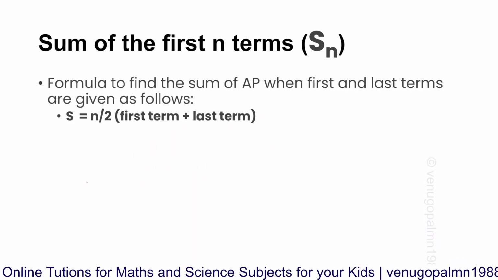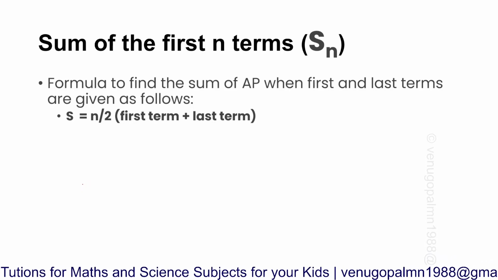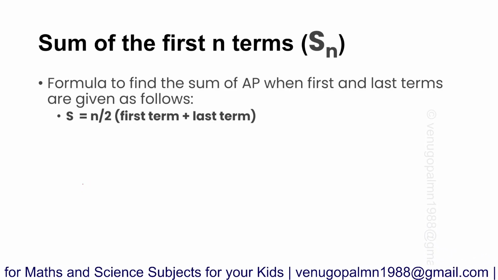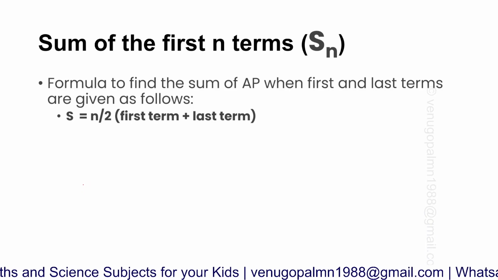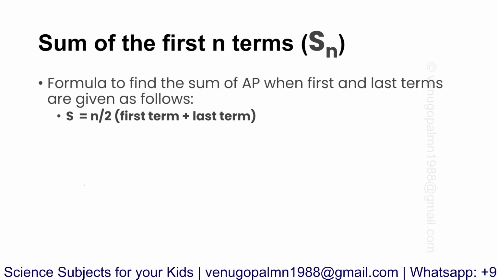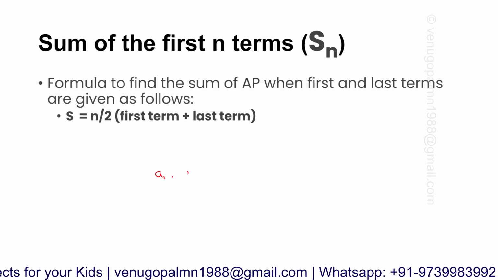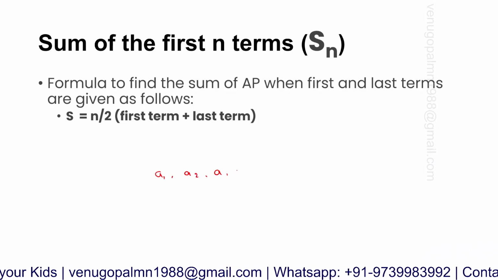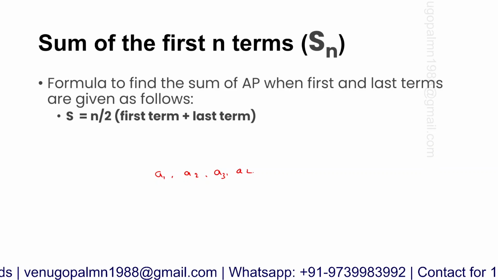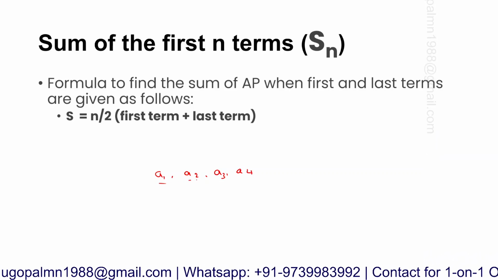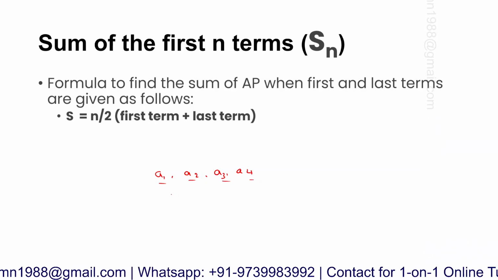Got it, guys? So we can also find out the sum of first n terms provided you know the first term and last term. Okay, so assume that you have a sequence a1, a2, a3, a4, and if you want to find out the sum of all these values, it is very simple.